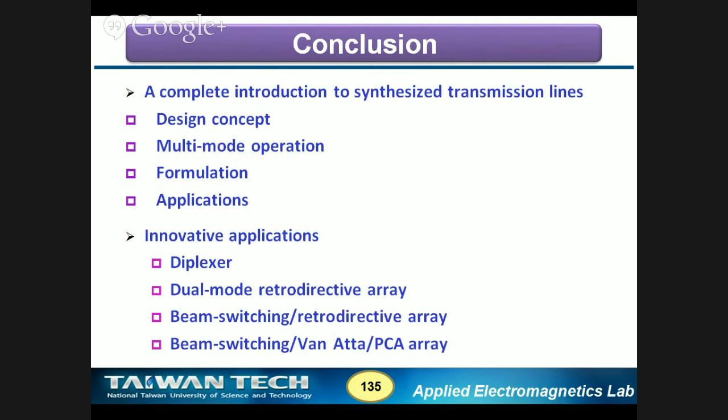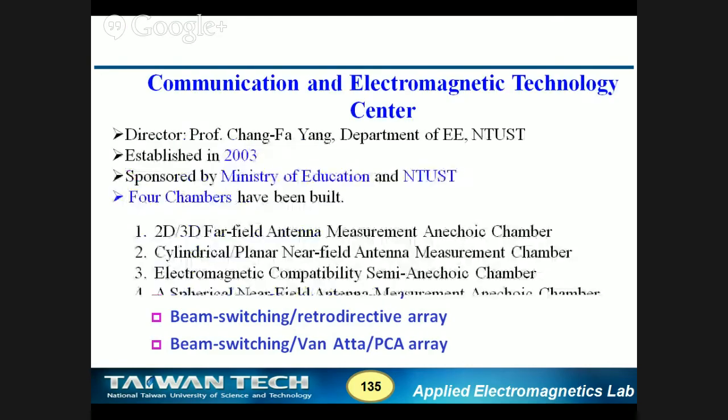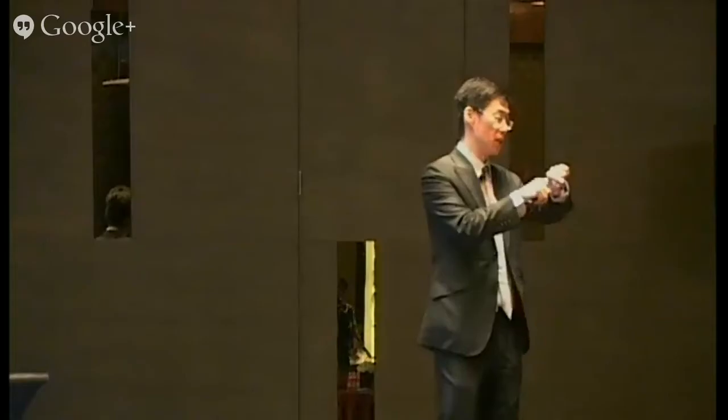Hopefully you can find these results maybe 2 years later in a book regarding the synthesis transmission line with phased array application. We will add additional examples, and I will have an additional chapter talking about the 2-dimensional routing of synthesis transmission line also. Okay? And let me use 5 more minutes to introduce our research center.